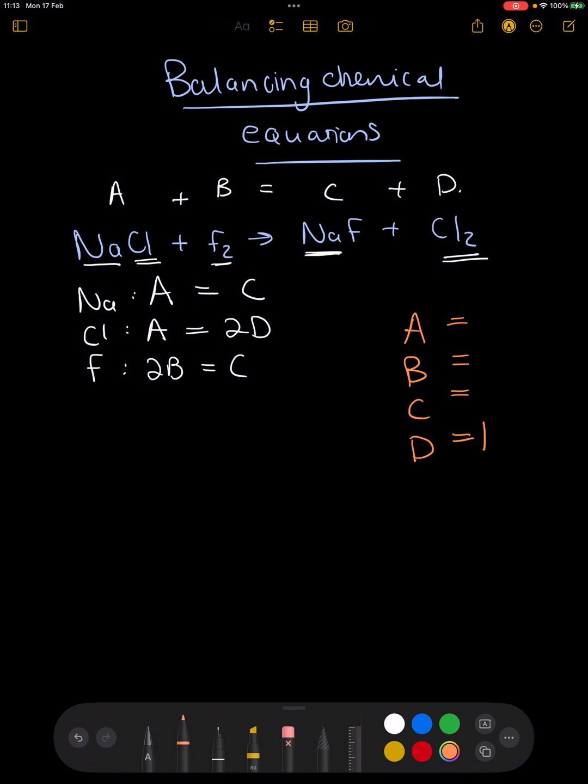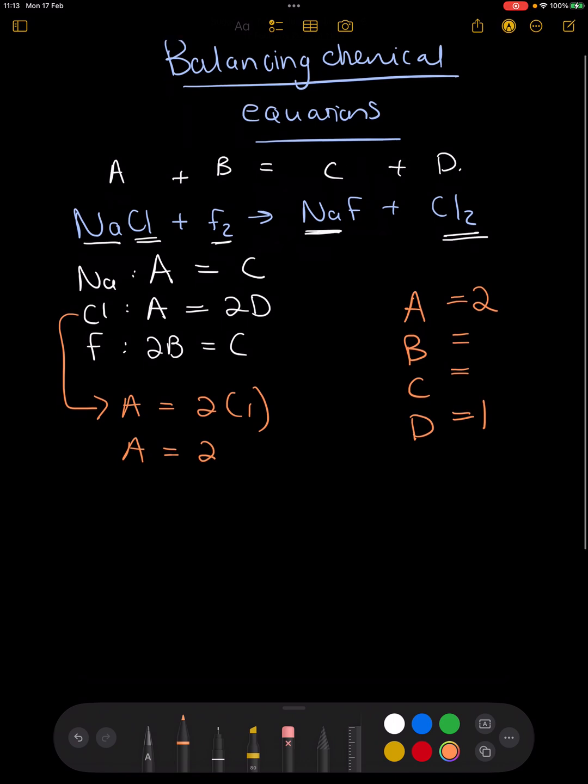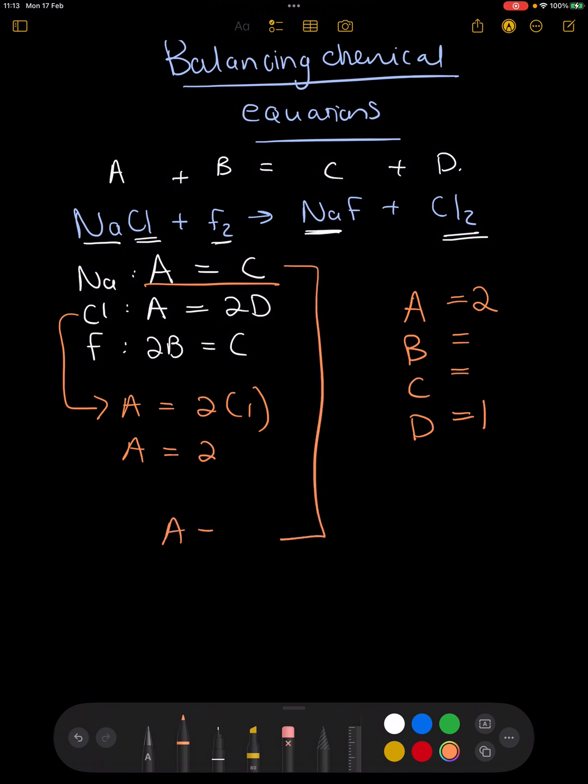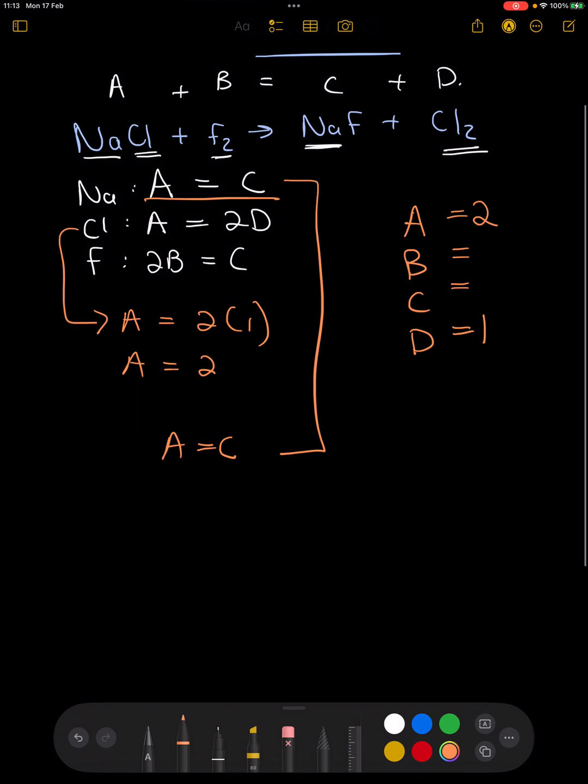Because I've selected D to be equal to 1, I can go to this formula over here, and in D's place, I can sub in 1, which means with algebra, the A value is going to be equal to 2. Now that A is equal to 2, I've got another equation, where A is equal to C. But A is now equal to 2, which means that C is also equal to 2.